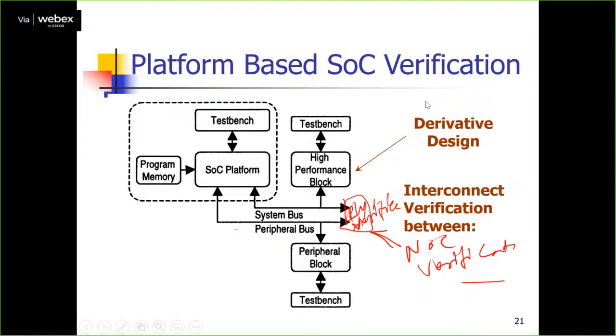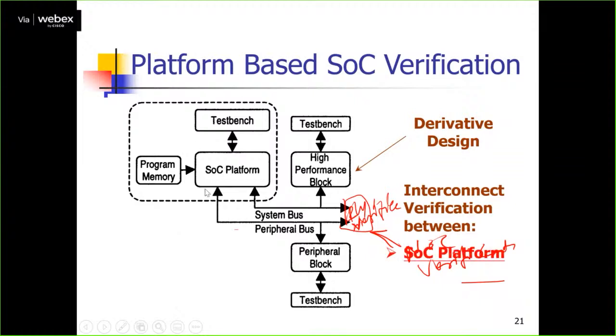In a platform-based design, we will create a platform for your test. So this is the SOC platform, which maybe utilizes top-down, maybe utilizes bottom-up. This platform takes the predefined values or the predefined test vectors. So that will be boosted to your SOC platform and goes for verification, different types of verification.